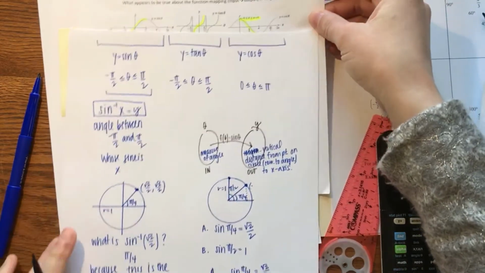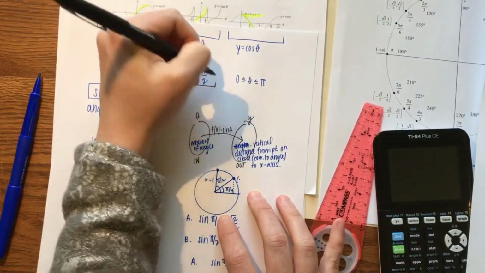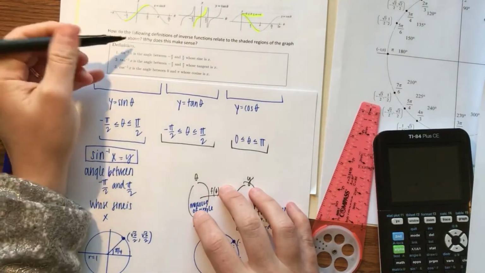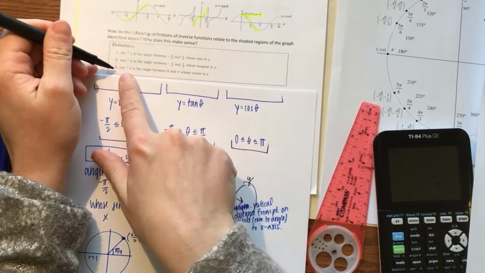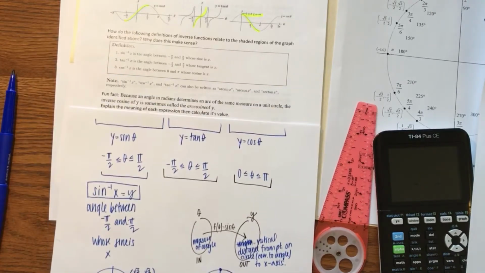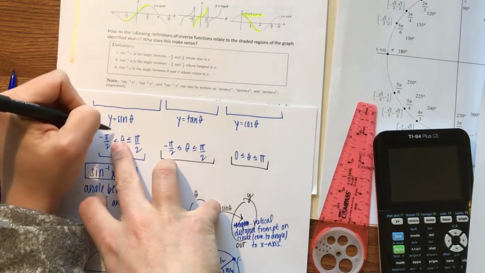With those examples in mind, the important thing to note is that we have definitions of our three inverse functions: sine inverse; tan inverse, the angle whose tangent is x; cosine inverse, the angle whose cosine is x. And we also have alternative notation.